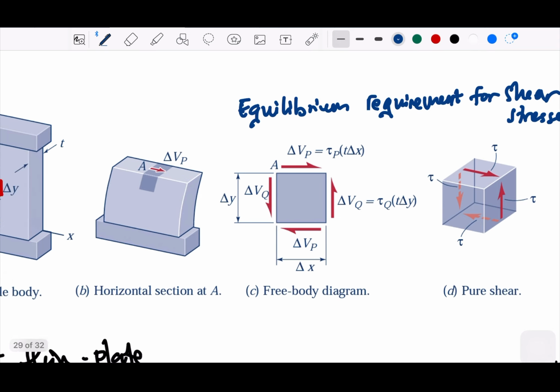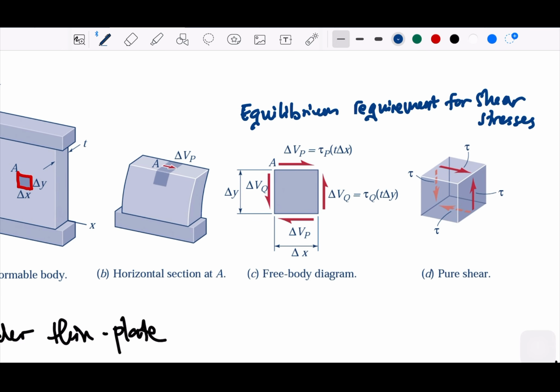So like when you did statics, we start with the sum of the forces needing to be equal to 0. So we need the sum of the forces on the x-axis. If you want to make it in equilibrium, this shear here needs to be equal to this shear here to make it a 0 equilibrium. And the shear that goes down here for the y is also getting shear on this part.